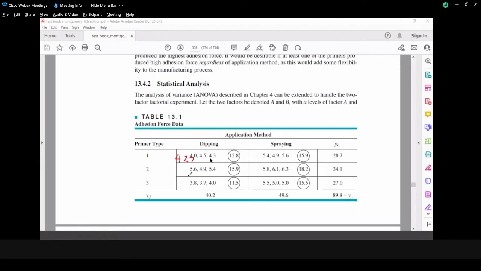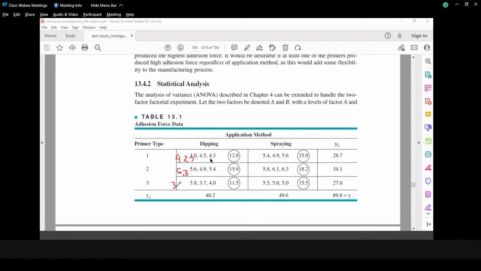The mean for this cell number 2 is 15.9 divided by 3, 5.3. The mean here is 11.5 divided by 3, 3.83.